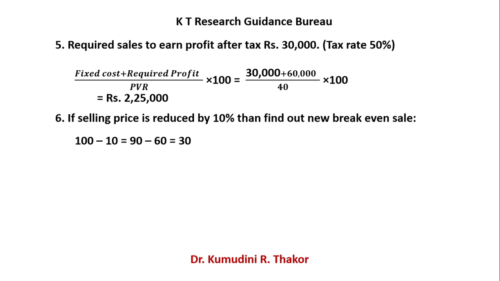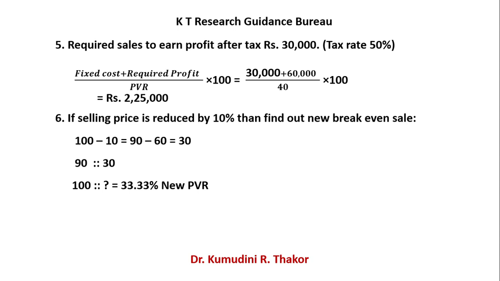And your ratio means if you reduce the selling price, it doesn't mean that your cost is also reducing. It is 60%. So 60% of 100, not 90. So 90 minus 60 is equal to 30. 90 equal to 30. Then how much for 100? 33.33 percentage. This is your new PV ratio.